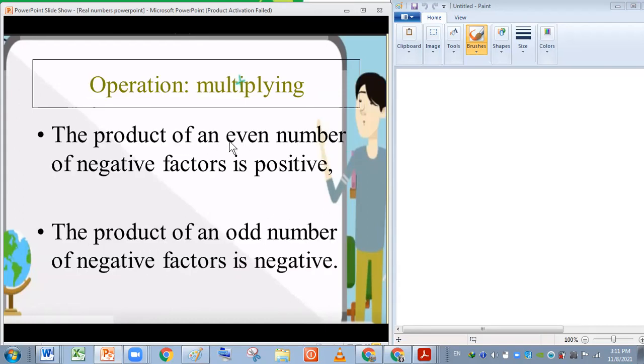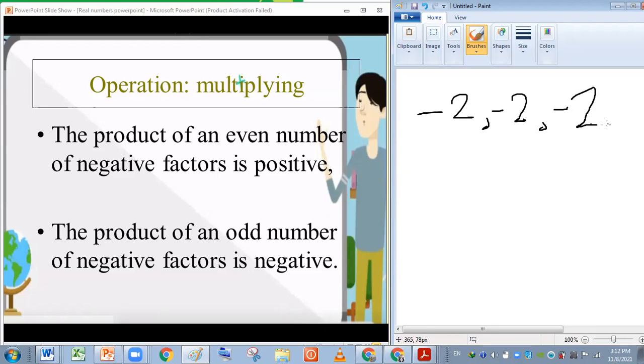The product of an even number of negative factors is positive. This means that, let's say you have -2, -2, -2, and -2. This is a negative number, -2, with an even number of factors.